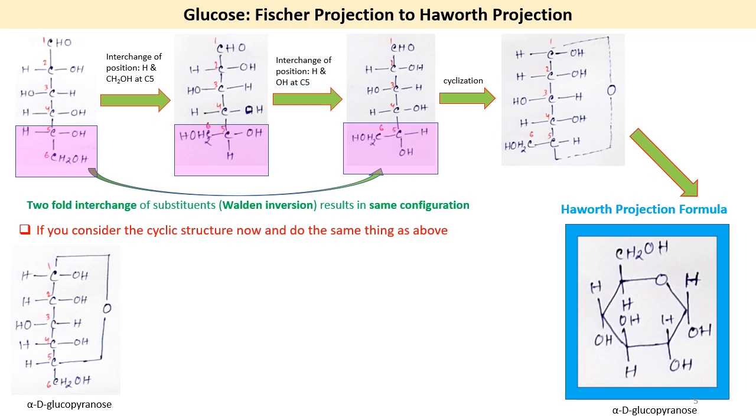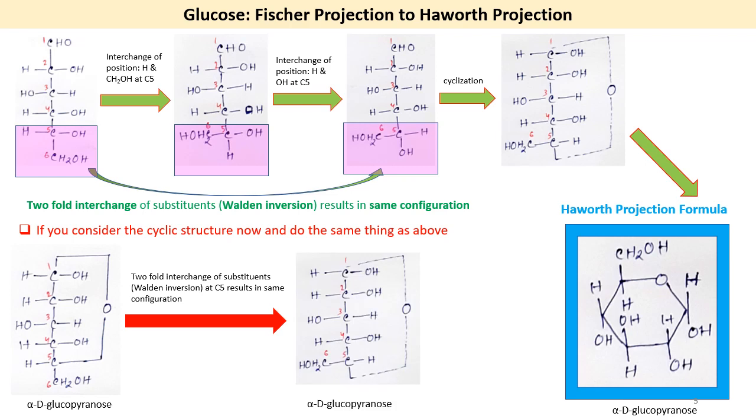Now if you take the cyclic structure from the beginning. So this is the alpha D glucopyranose. If you just convert the first structure to a cyclic form, you will get this cyclic form of alpha D glucopyranose. And now if you perform the twofold interchange of substituents, just like the previous case or the one shown above, you will be performing the inversion at C5.